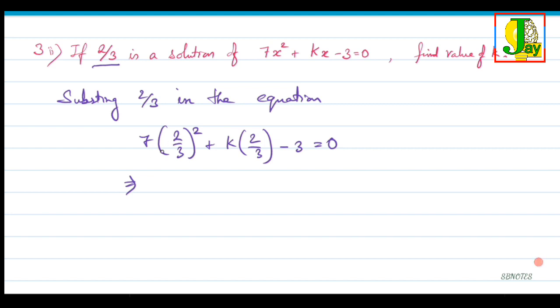That's 28/9 plus (2/3)k minus 3 equals 0.